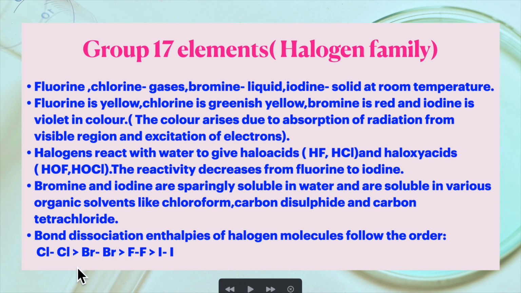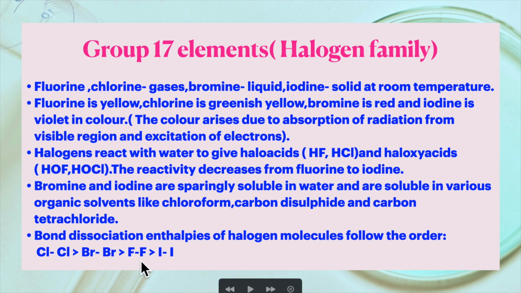What is the reason behind it? Fluorine has a smaller size than chlorine, so the lone pairs on the fluorine atoms are very close to each other and strongly repel each other.